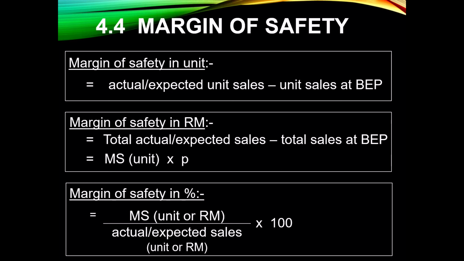Then, the margin of safety in unit we will multiply with the price per unit. Margin of safety in percentage or ratio is equals to margin of safety in unit or RM divided by the actual or expected sales in unit or RM as well, multiply by 100.